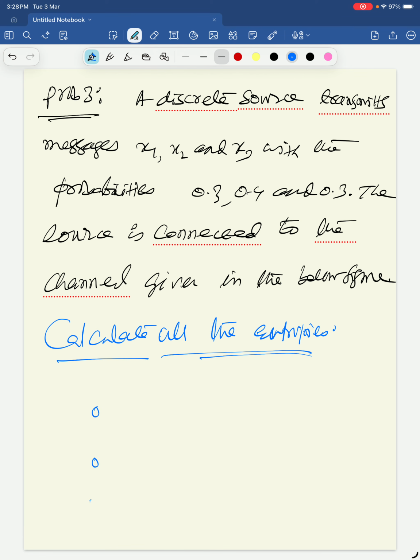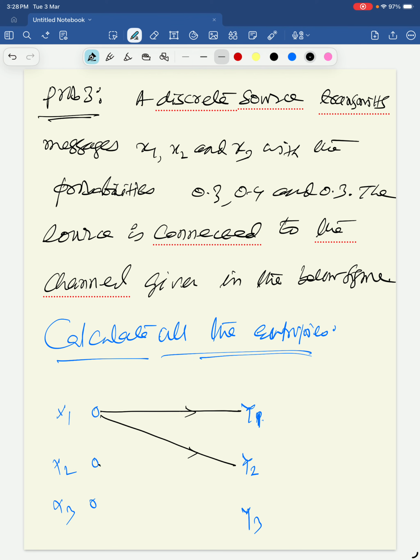This is x1, x2, x3. This is y0, y1, y2 and y3. It is something like that. This is connected to y1 and y2.